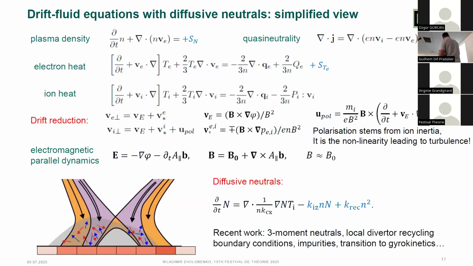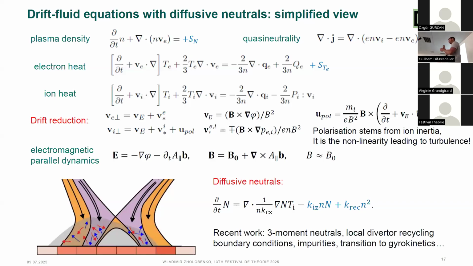But what's important is that the plasma is coupled to the neutral gas. There is a recycling boundary condition implemented, so the plasma that flows out at the divertor comes back as neutrals. Then the neutrals undergo a diffusion equation with the diffusivity given by the charge exchange reaction.